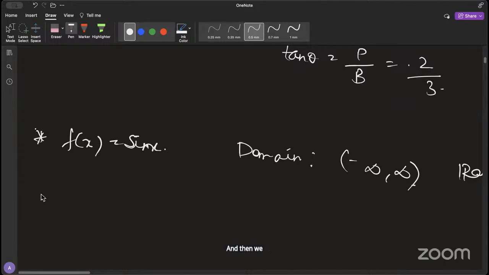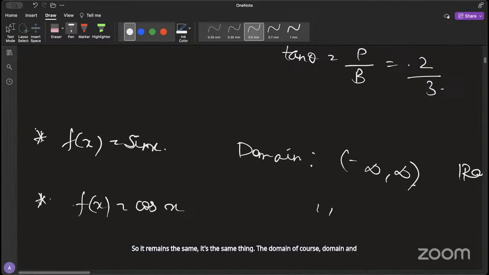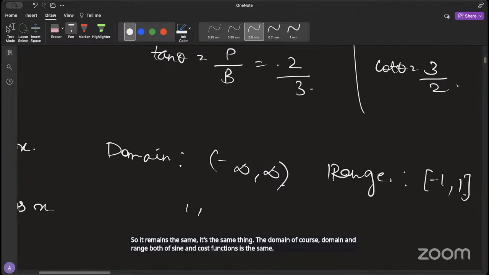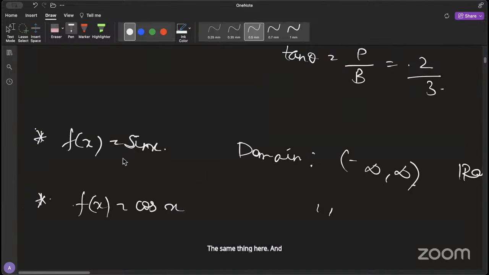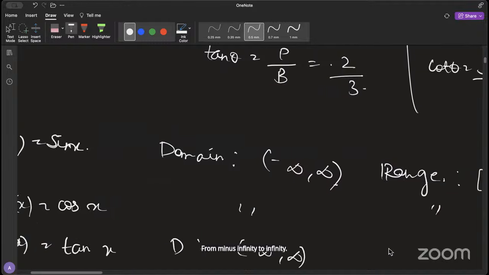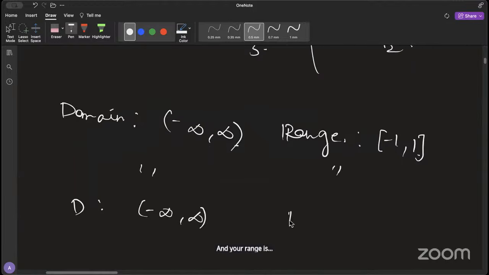And then for the cos function, it remains the same. The domain and range of both sine and cos functions are the same. And then for the tan one, the domain is from minus infinity to infinity, and your range is also from minus infinity to infinity.